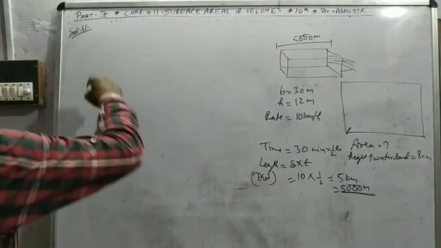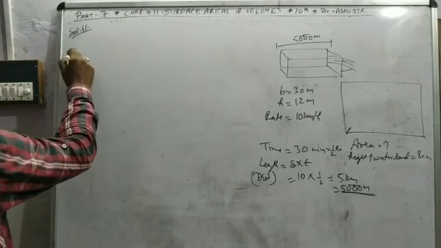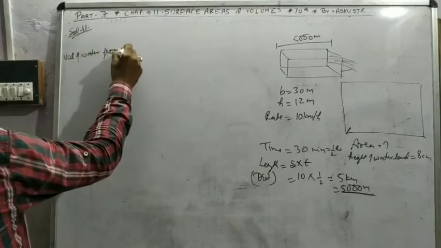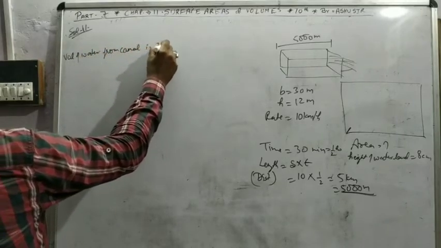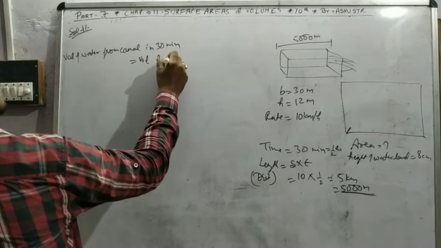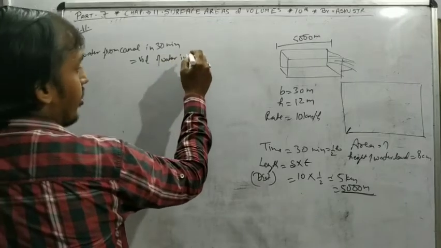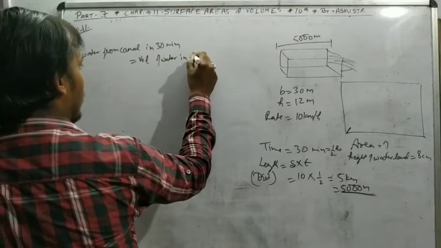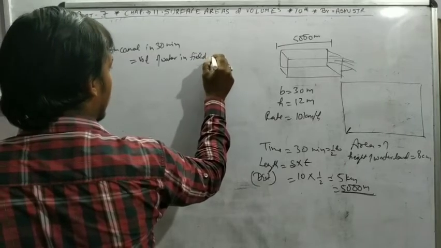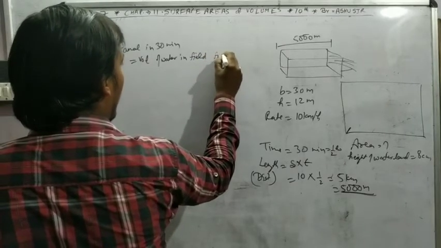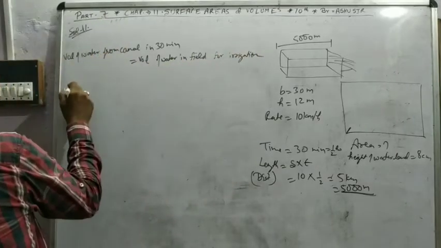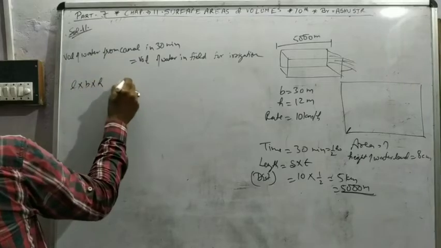It means the volume of water from canal in 30 minutes is equal to the volume of water in the field for irrigation. Canal: length into breadth into height.